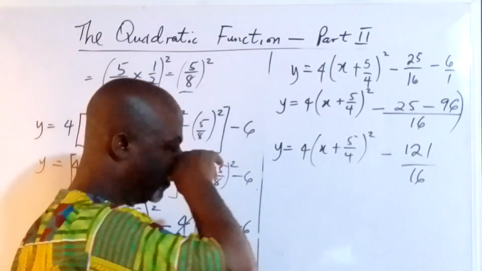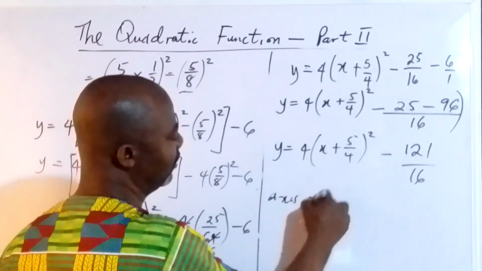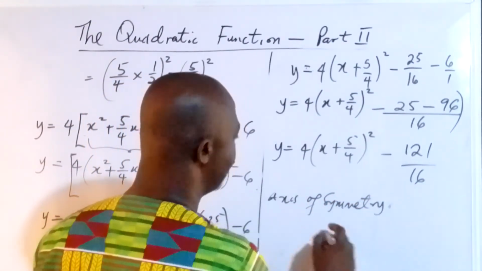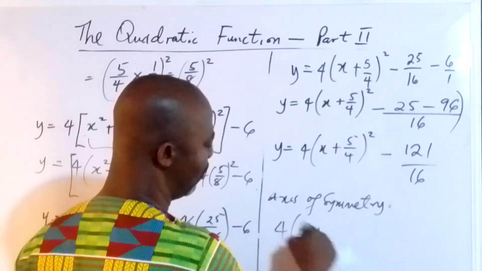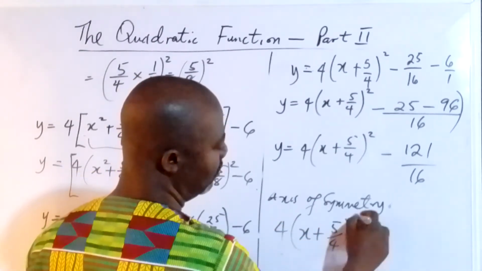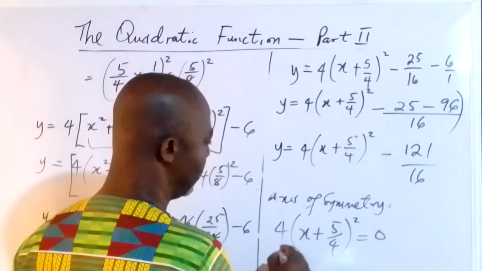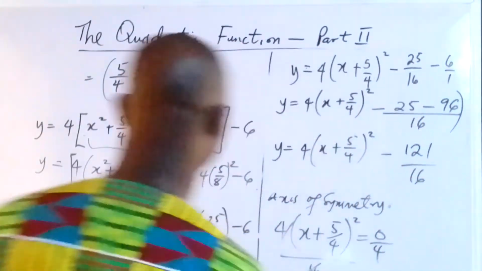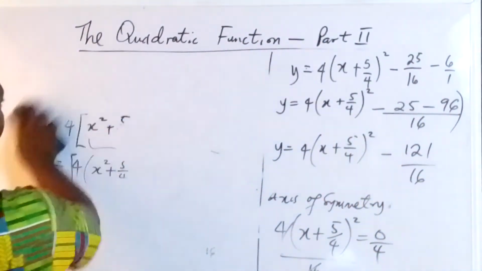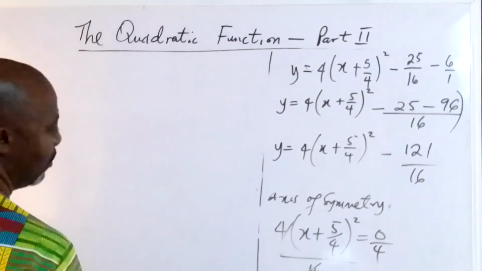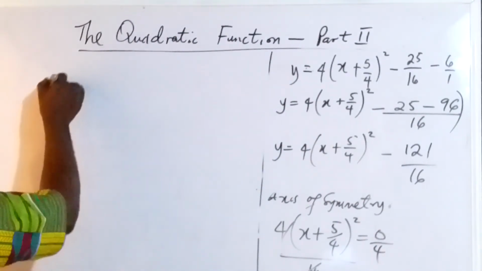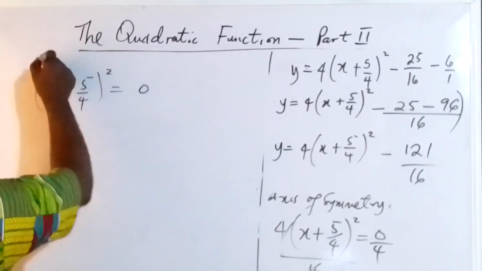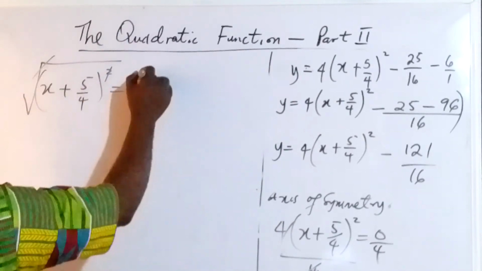So now the axis of symmetry will be, when you equate all of this to be equal to 0, and then divide both sides by 4, we have x plus 5 over 4 squared equal to 0, and then we take the square root of both sides.